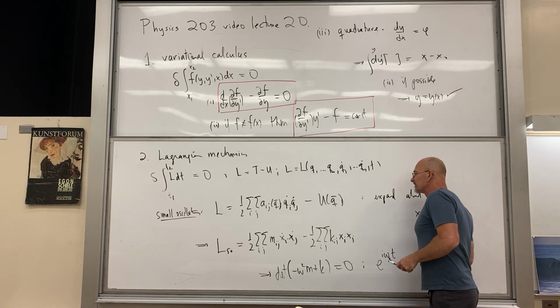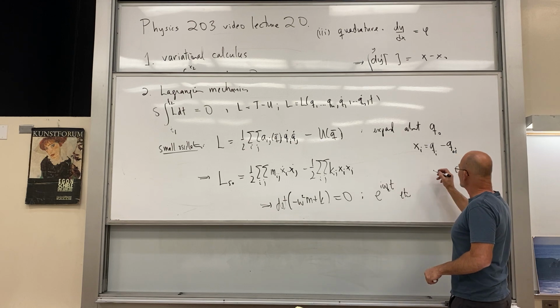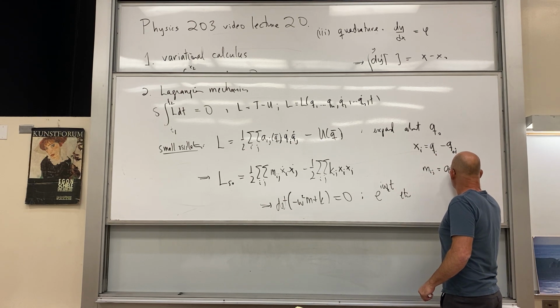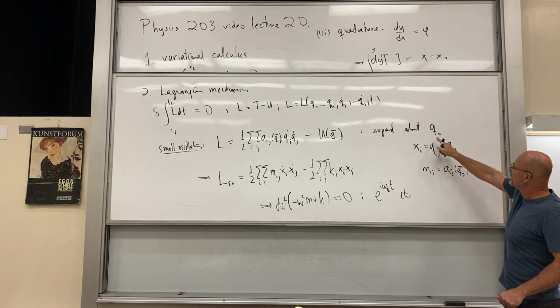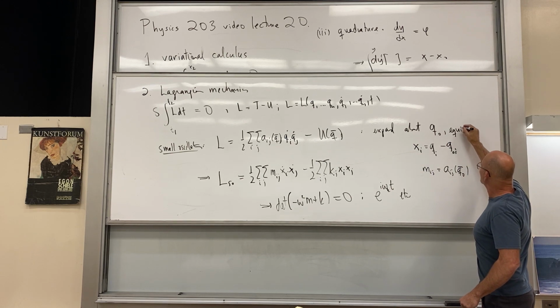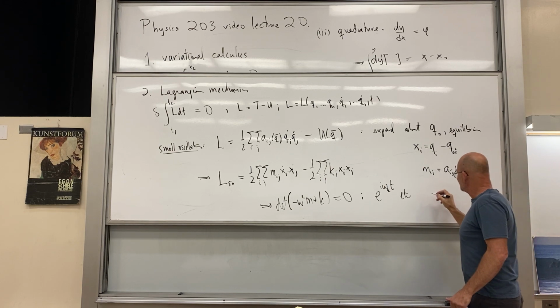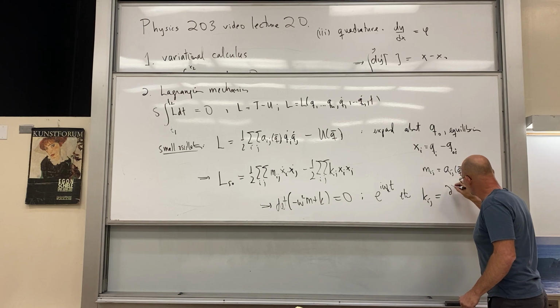So actually, to make this complete, let's even put these definitions in here so that M_ij, A_ij of Q0, and by the way, this is the equilibrium point, and these K components are the second derivatives.